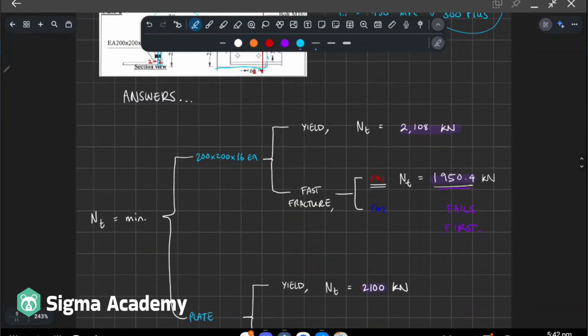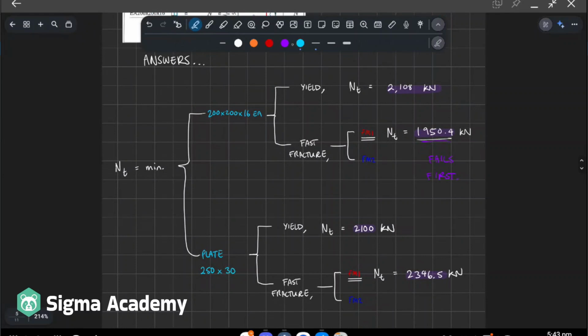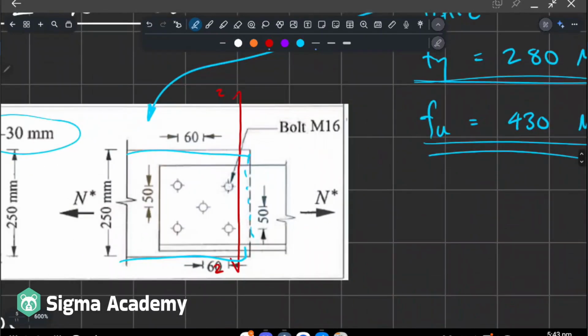So you're going to find that the equal angle still governs, right? And there's only 2 failure modes rather than 3, because we have the unstaggered holes and the staggered holes. But the staggered holes can only touch 3 bolts. It can break like that, or it might break like that, but they're not going to go in random directions, you know what I mean?